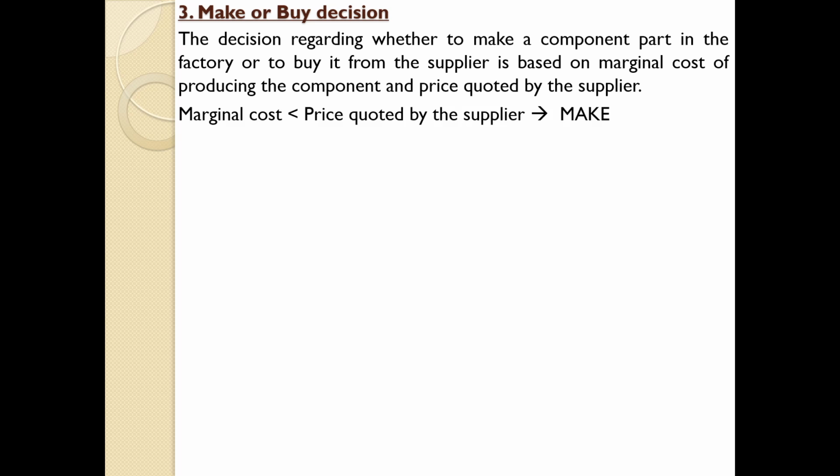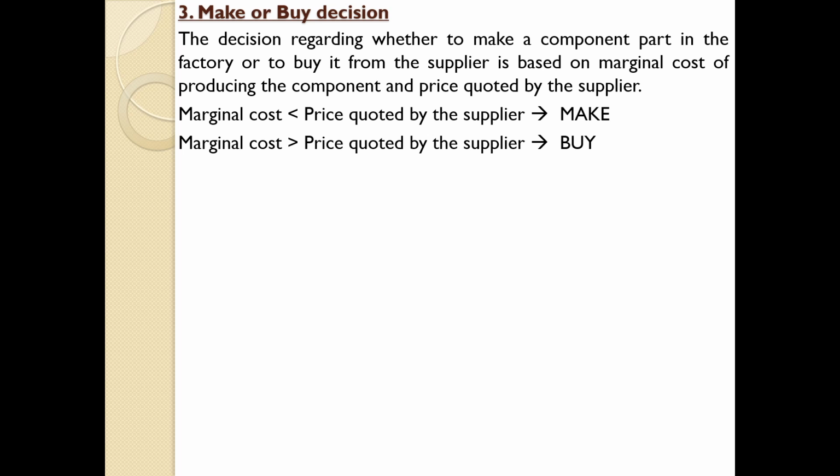Before we go into that, the concept is if the marginal cost is less than the price quoted by the supplier, definitely make the product, because it is better to make the product rather than paying more to the supplier. If the marginal cost of that particular product, usually relating to spare parts or a component, is greater than the price quoted by the supplier, definitely go and buy from the supplier.